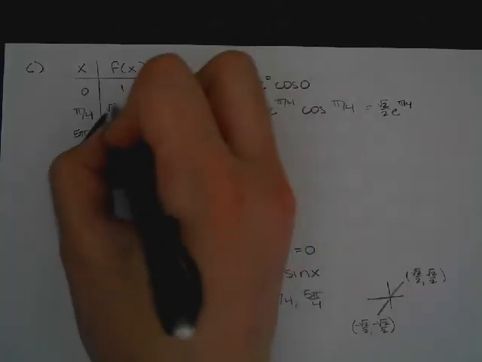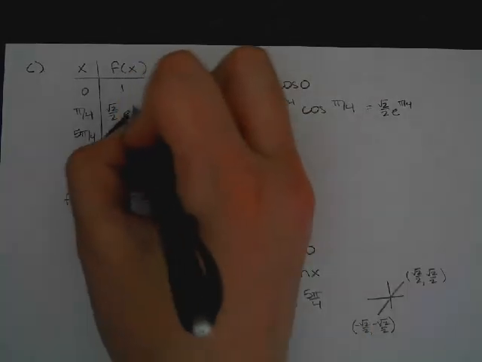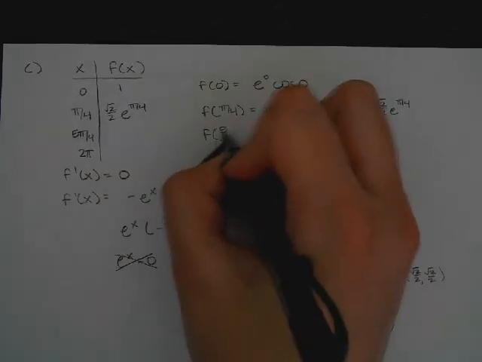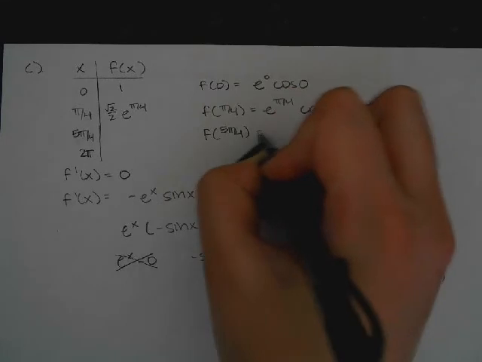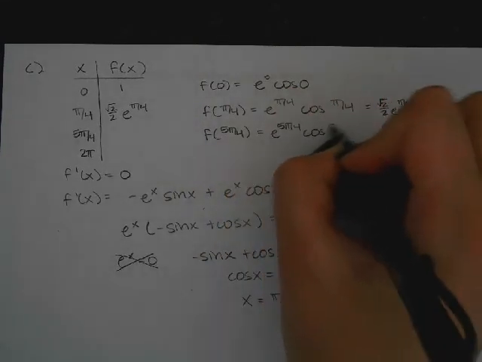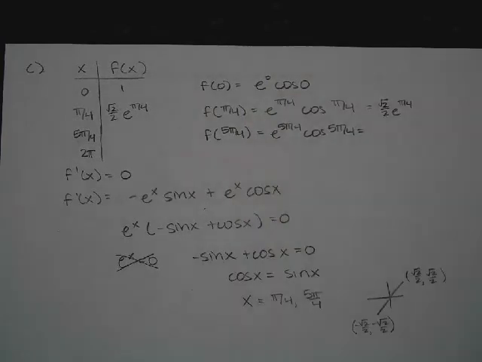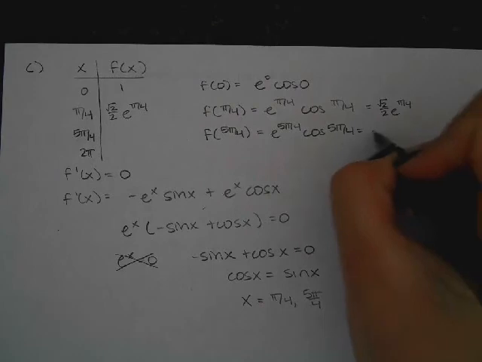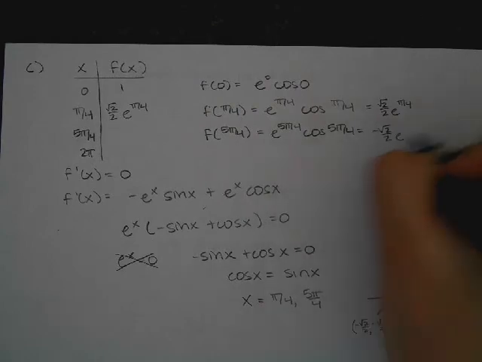Okay, so that's root 2 over 2, e to the pi fourths. Then we have f of 5 pi fourths. Cos of 5 pi fourths is negative root 2 over 2. So we've got negative root 2 over 2, e to the 5 pi fourths.